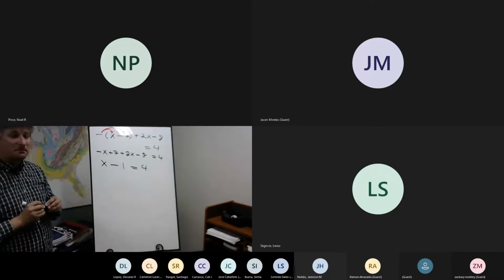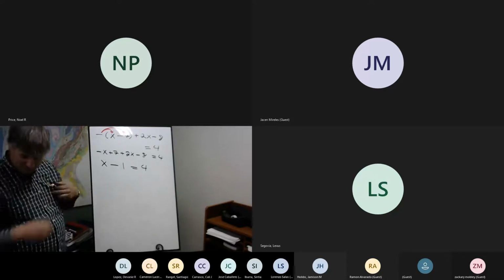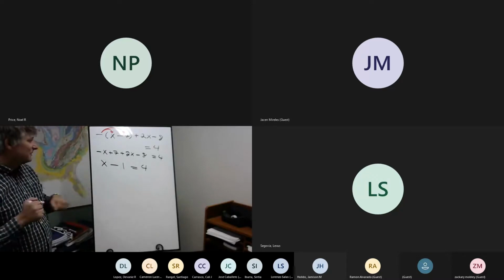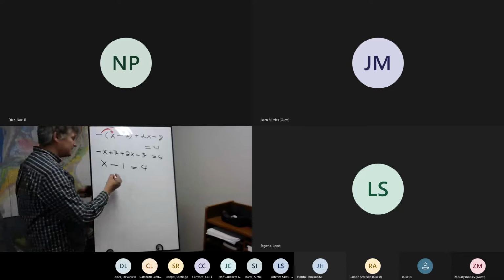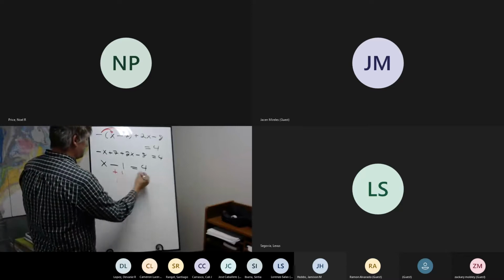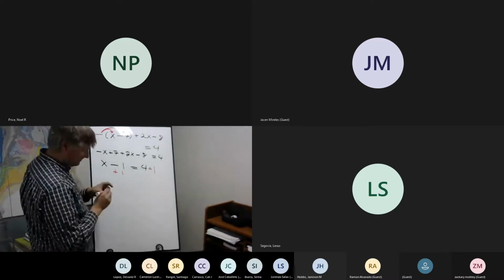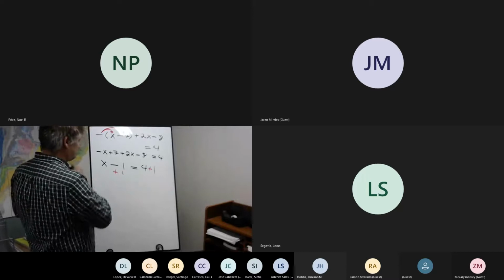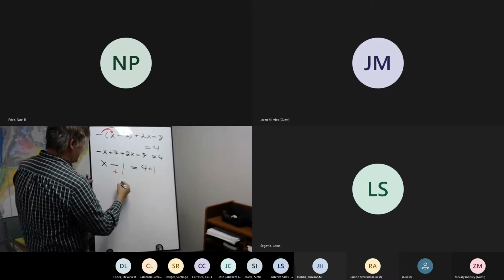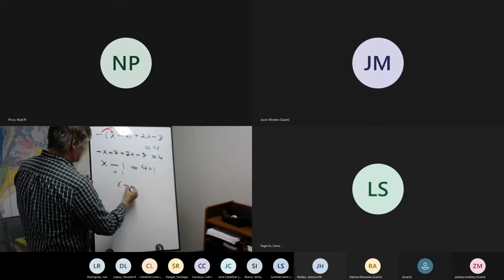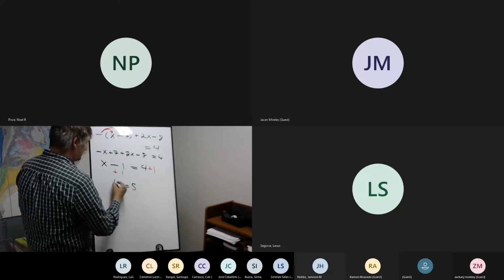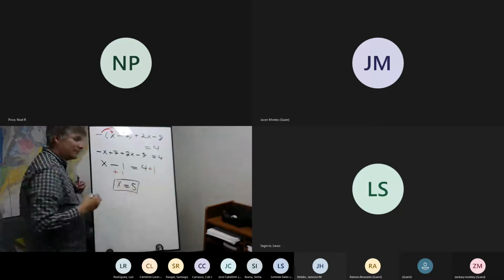And that's equal to 4. Add 1 to both sides. We'll get x is equal to 5.